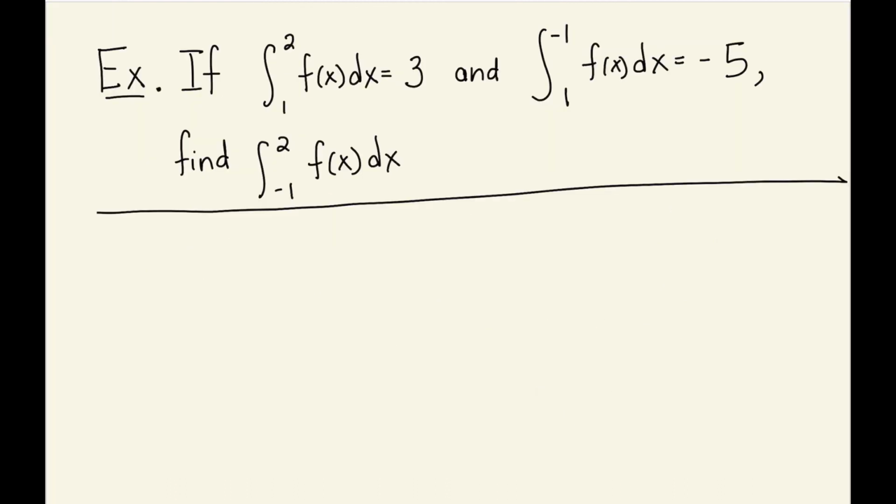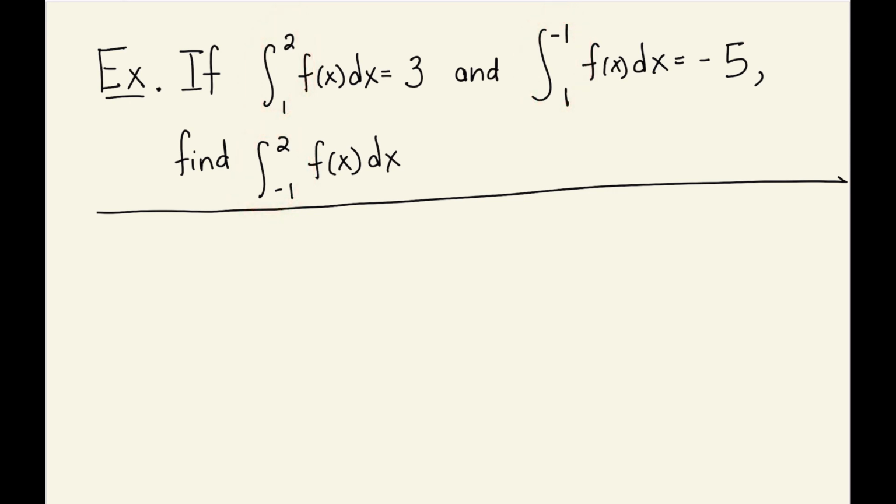In this example, if the definite integral from 2 to 1 of f of x is equal to 3, and the definite integral from 1 to negative 1 of f of x is equal to negative 5, then find the definite integral from negative 1 to 2 of f of x. So I noticed that all my bounds of integration are different here.